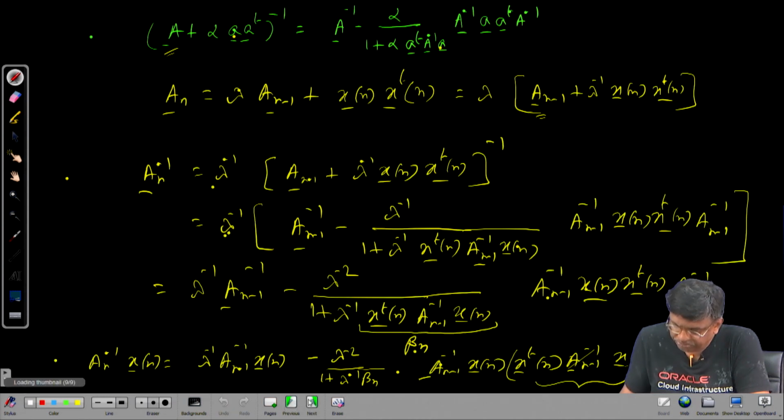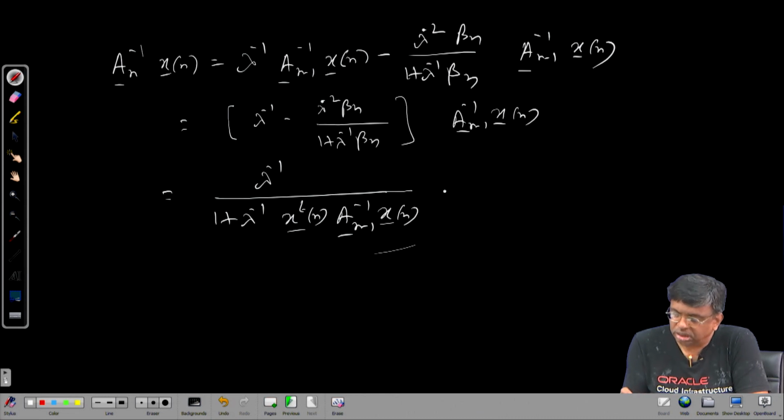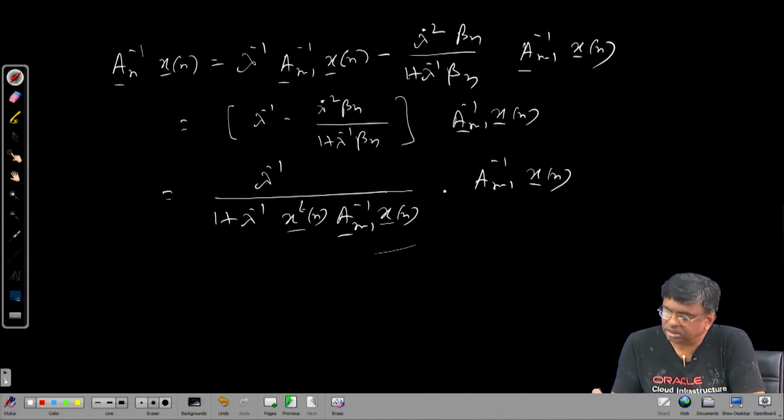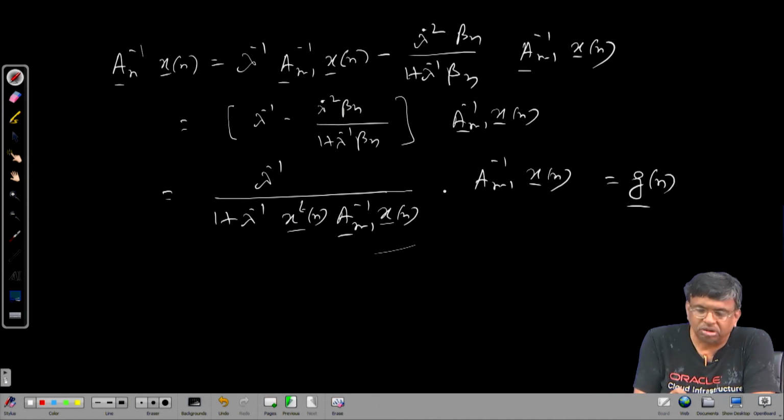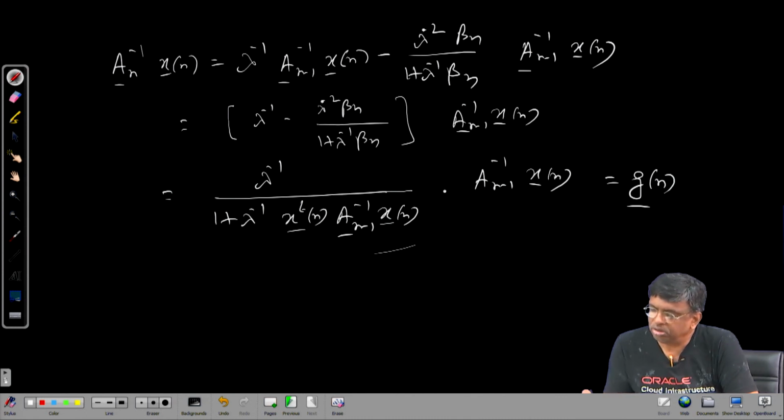And what was beta n? Now, you can replace beta n by this thing. This is a scalar times this quantity. This entire quantity on the right hand side, let me call it a vector G n. After all, it is a matrix times a column vector, that is what it is. This is a scalar times a matrix into column vector. So, the vector I call a gain vector.